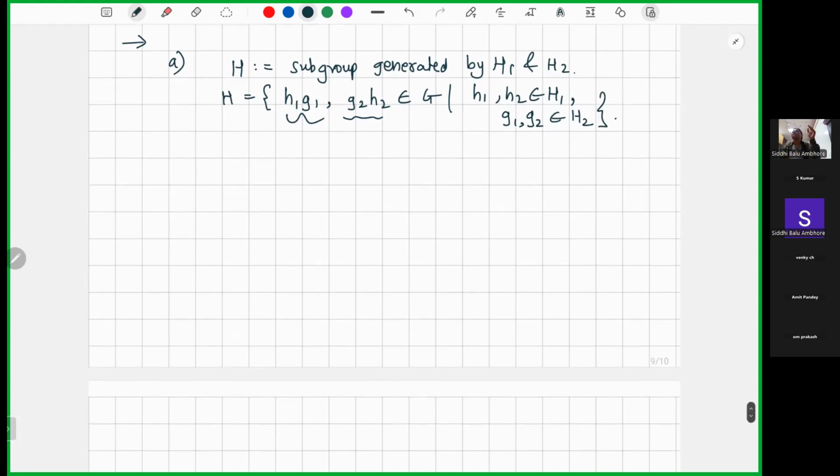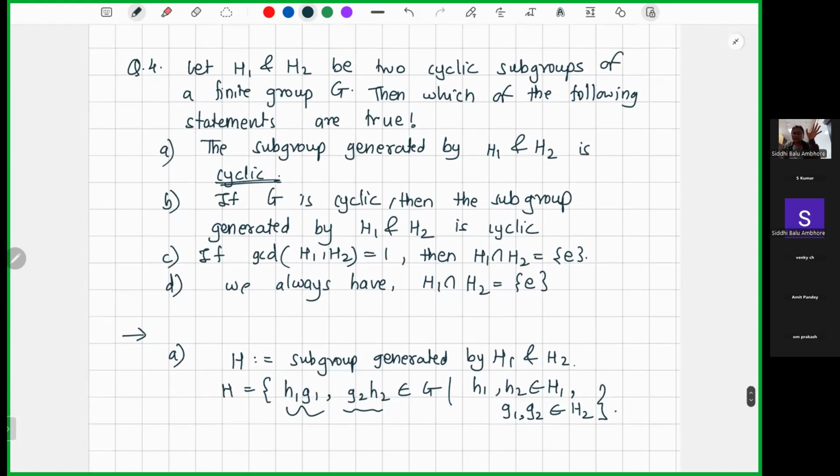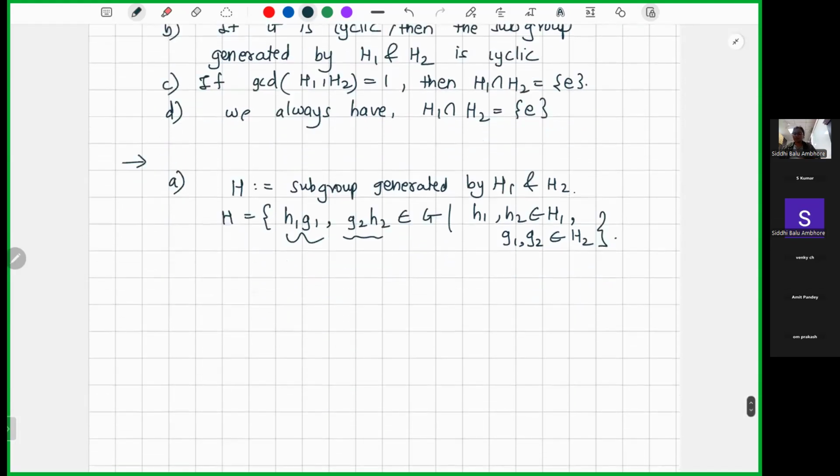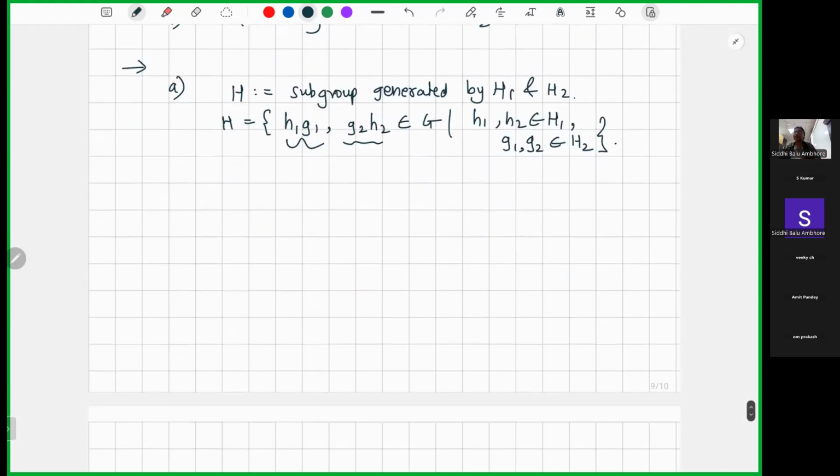If we want to find some counterexample, we have to start with a group which is not cyclic in the first place, so that we can have this non-cyclic condition somehow. Any suggestions?